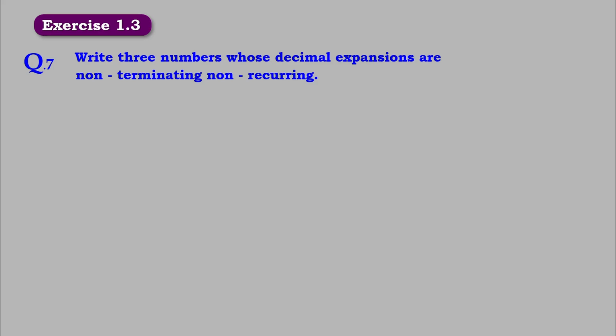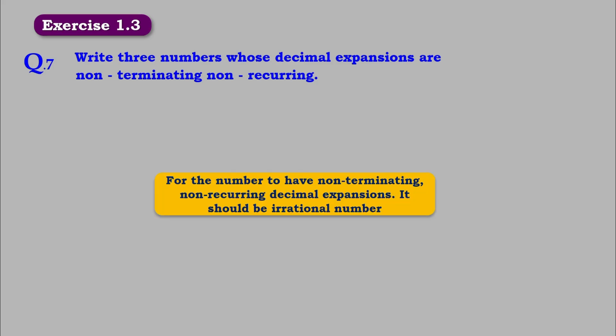Now question number 7, write 3 numbers whose decimal expansions are non-terminating, non-recurring. For the numbers to have non-terminating, non-recurring decimal expansions, it should be an irrational number.